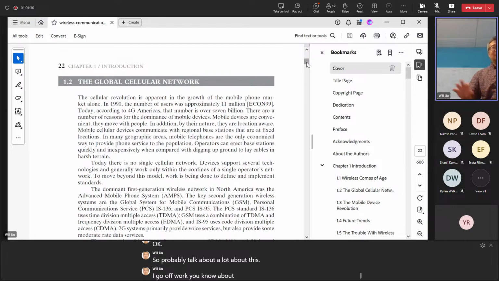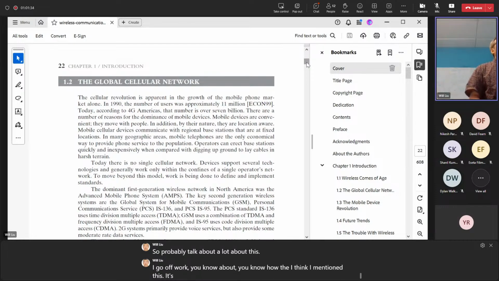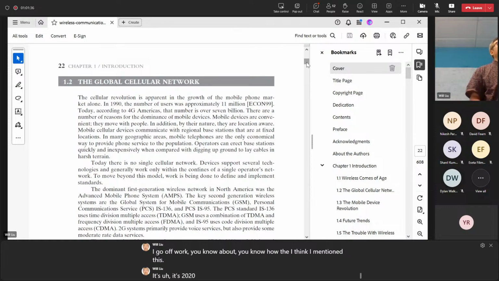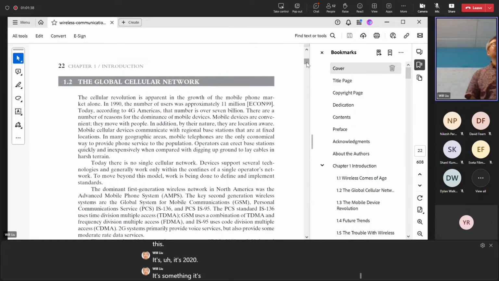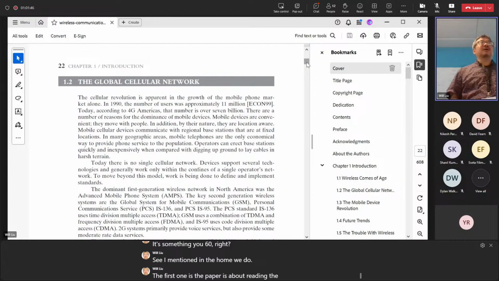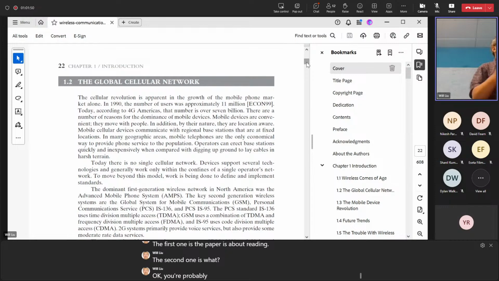I think I mentioned in the handout how we do this. The first one is a paper reflection, which is about readings. The second one is a teamwork, where you probably need to draw the coverage map.